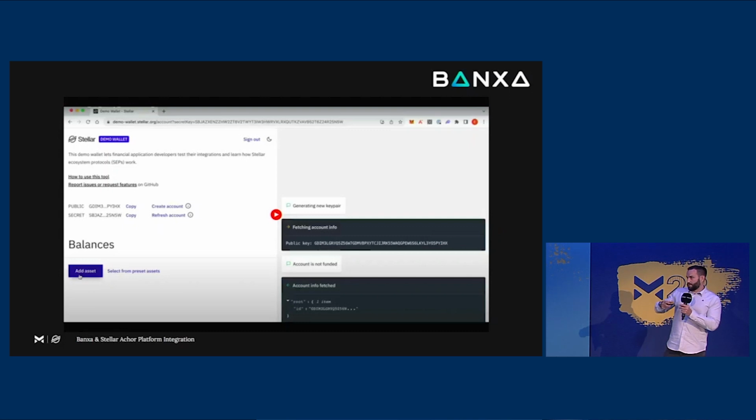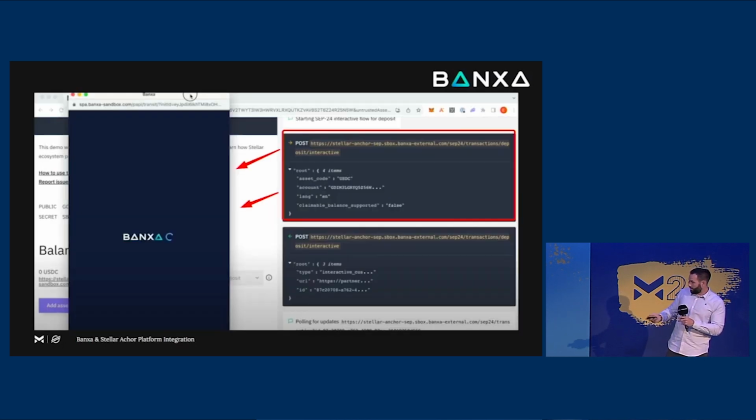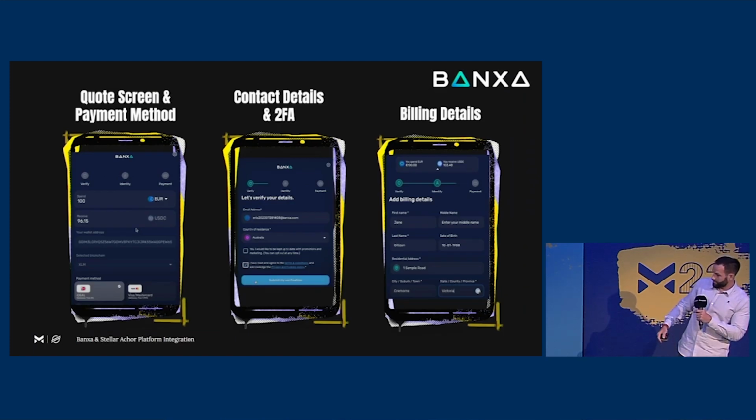That widget, from a merchant's perspective, can be embedded within your platform as an iframe, or you can redirect to it if you want. Then the customer is in our checkout, where they complete the flow. We have the quote screen up front, where you see what you're buying, what currency you're buying with, and what payment method you're using.